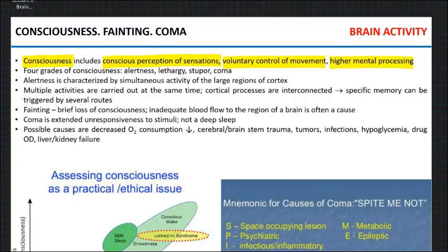Consciousness is considered to have 4 different grades that span from alertness to coma. As you go from alertness to lethargy to stupor to coma, the ability of a person to consciously perceive sensations, analyze the information, and voluntarily respond to those signals progressively decreases.